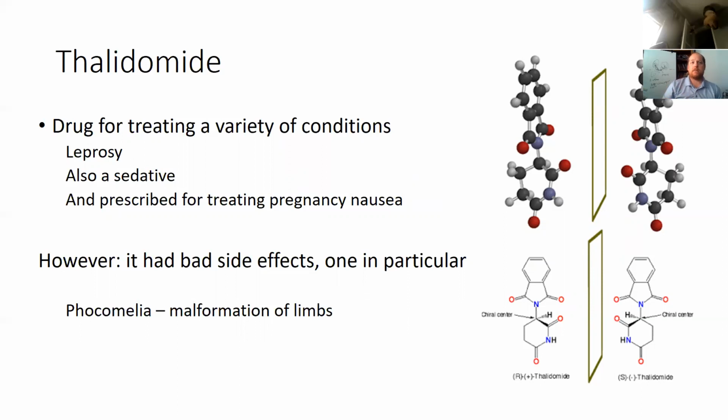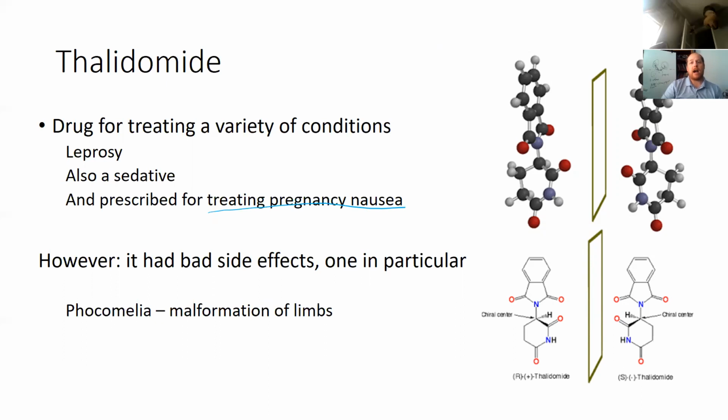Well, thalidomide was a drug for a variety of conditions. One of them, most importantly, was leprosy. It was also used as a sedative for a lot of people because of other effects that it had beyond just the leprosy treatment. And eventually, because of its anti-nausea properties, it was used for a lot of people in pregnancy who were having morning sickness.